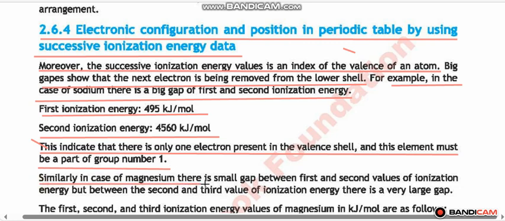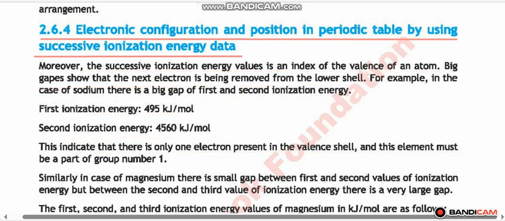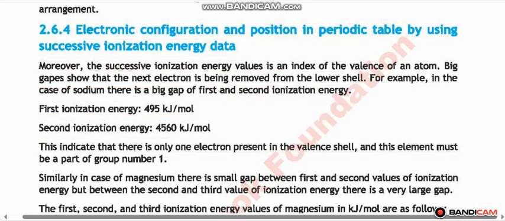Similarly, in case of magnesium, there is a small gap between the first and second values of the ionization energy, but between the second and the third value there is a very large gap. It states that in case of magnesium, the first and second electrons can be removed very easily. There is a little gap between their ionization energies, but the third ionization energy is so much higher.